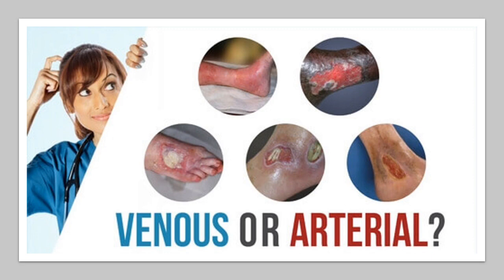Now, it is very important to differentiate between venous and arterial ulcer in the lower extremity. So when you see an ulcer, please ask yourself, is it venous or arterial?